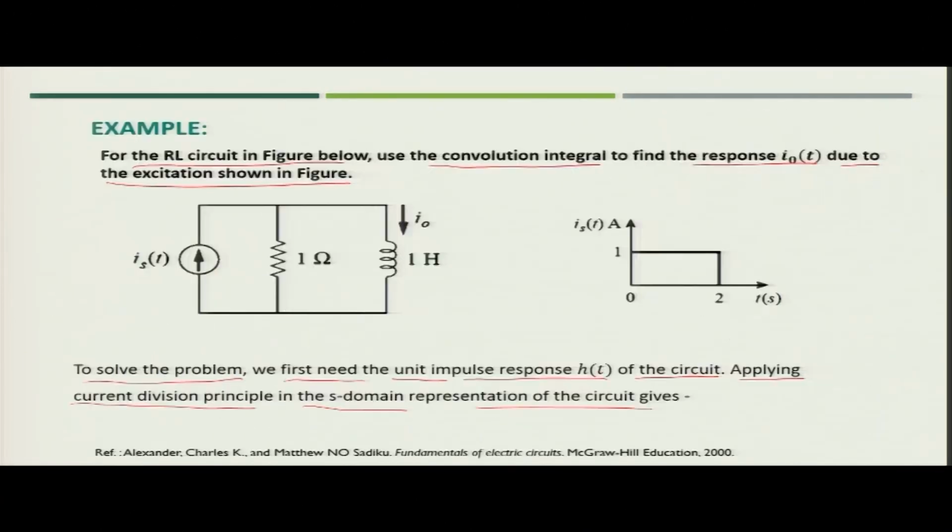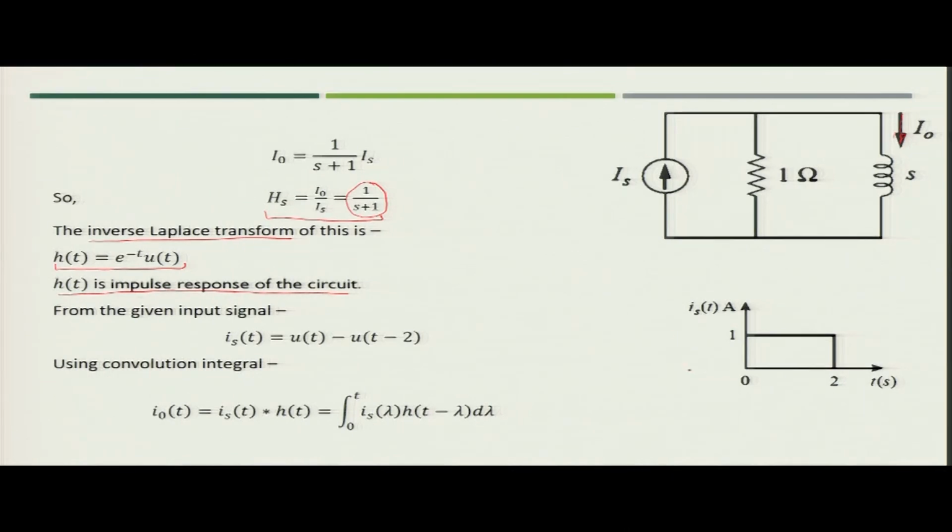Now, let us see the current source which is given. This current source can be represented as Is at any time t is equal to ut minus u t minus 2. How? Ut would be like this, and ut minus 2 with negative sign would be like this.